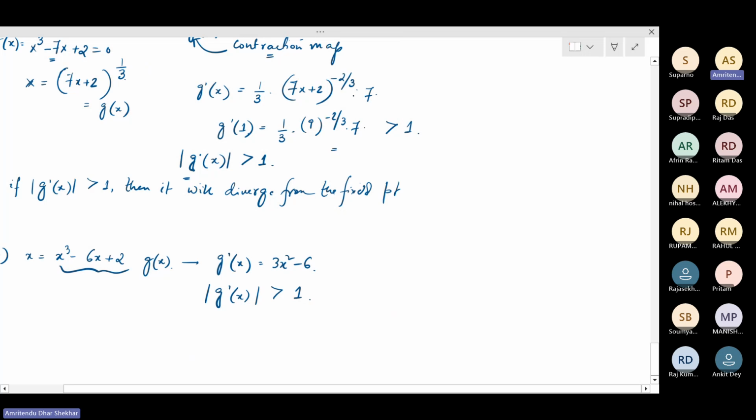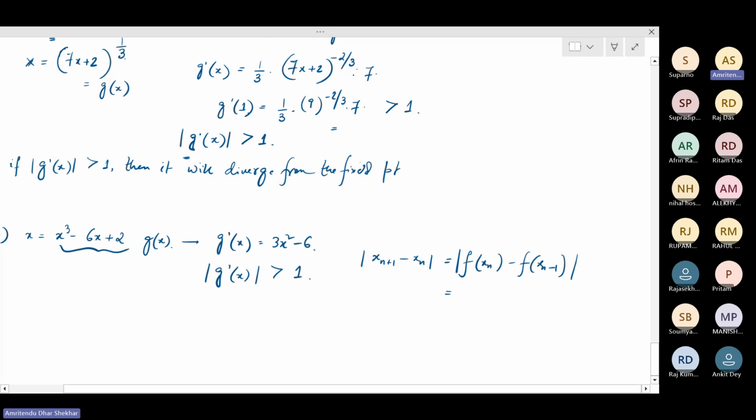Not only are these not contraction mappings, the gaps between 2 points grow. Why will this fail? If you take the difference between xn plus 1 and xn, that is equal to f of xn minus f of xn minus 1. This in turn is equal to f dash of some theta, let's call that theta n, times xn minus xn minus 1.